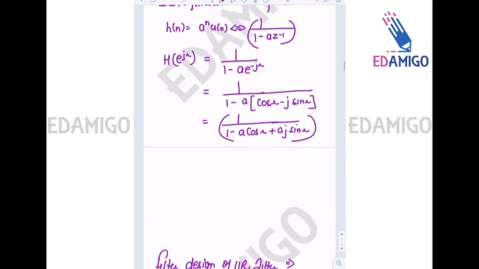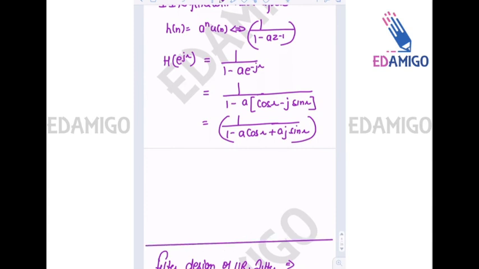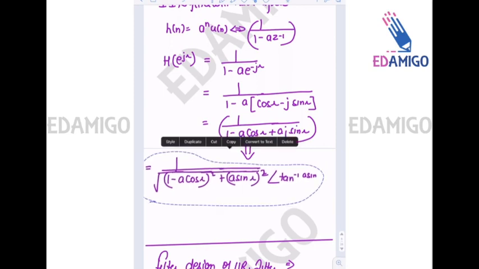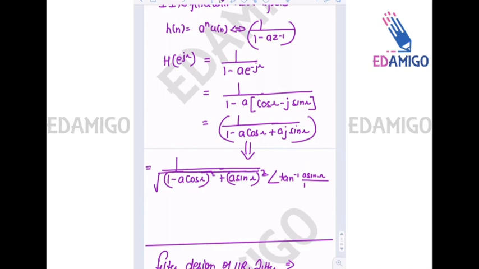Now if I write the phase of this IIR filter, in magnitude format it is the square root of (1 minus a cos sigma) whole square plus (a sin sigma) whole square, and the phase can be written as tan inverse of the imaginary part upon the real part, that is, a sin sigma divided by 1 minus a cos sigma.